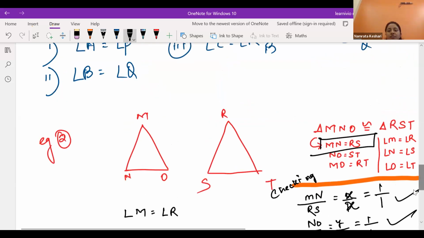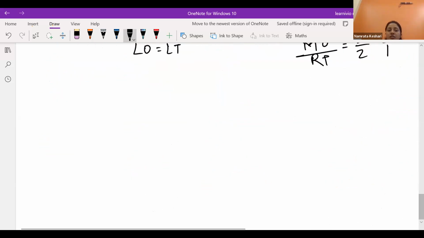But the reverse way doesn't work. Why? If I say two figures are similar with each other, suppose triangle PQR is similar with triangle ABC, then you cannot say these two will also be congruent. Why?